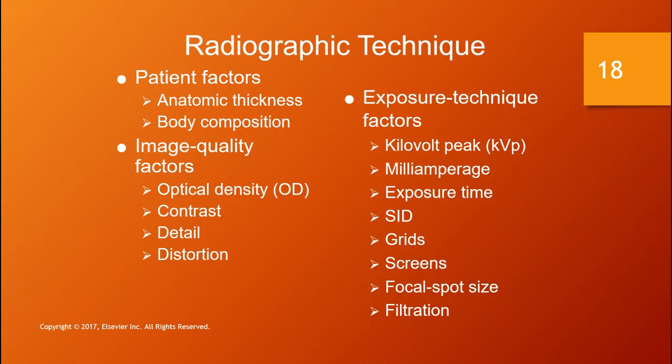And then your exposure technique factors are going to be your kVp, your mA, your exposure time, and your distance. Those are the 4 prime exposure technique factors. Your secondaries are your grid ratio, the fast or slow screens, your focal spot size, small, large, and your inherent filtration and/or added filtration.